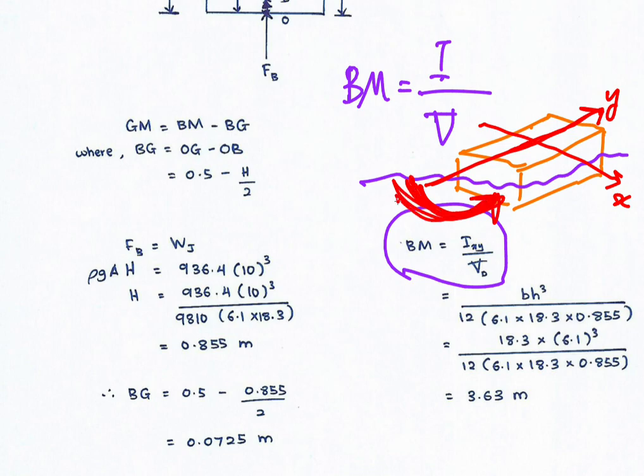If the barge rotates on the x-axis, it will rotate front and rear like this. I hope you can imagine the function of the axis in terms of calculating the moment here.